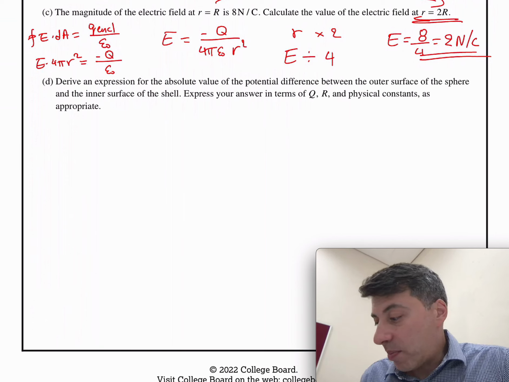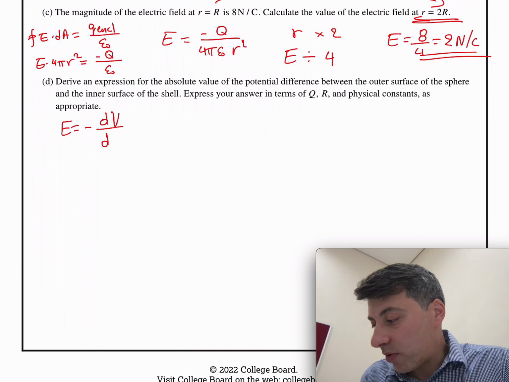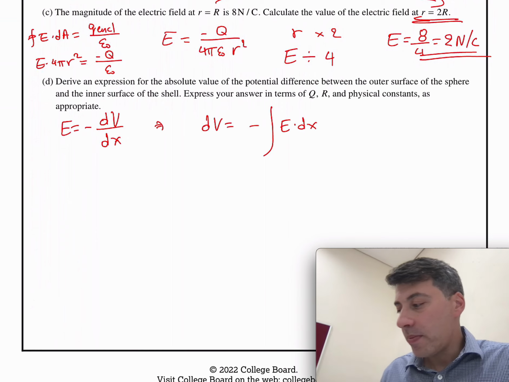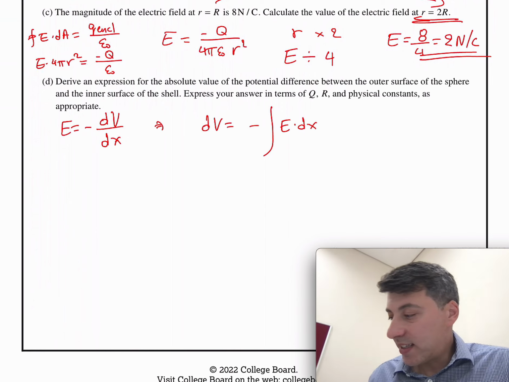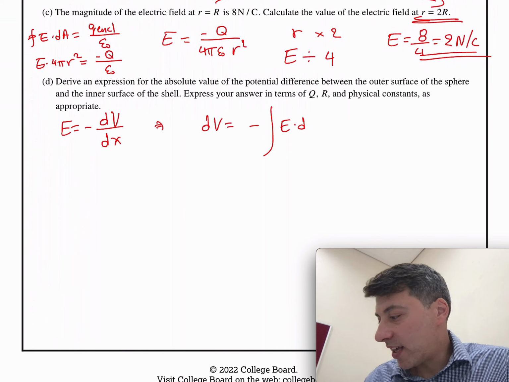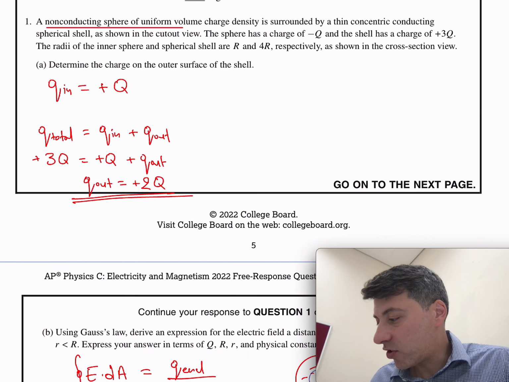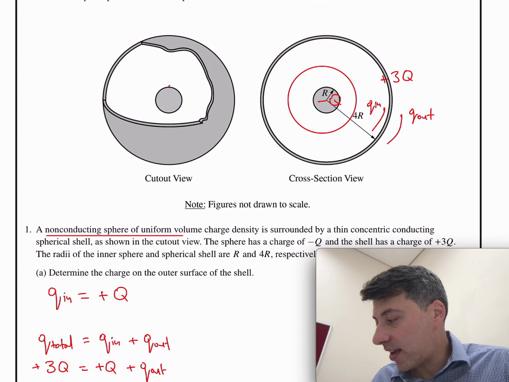Now, we can remember that the electric field is minus the derivative of potential with respect to the distance, or that the electric potential is equal to minus the integral of E dx. And we need to consider this integration. In this case, it's a little bit better to say dr instead of dx. And the limits that we need are the surface of the sphere, which is r, and 4r.